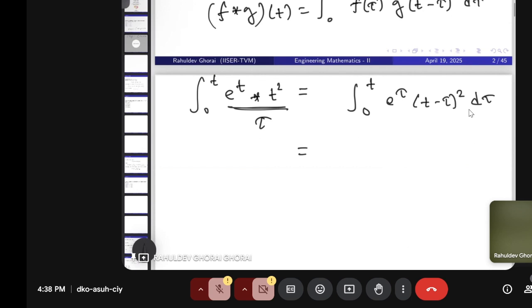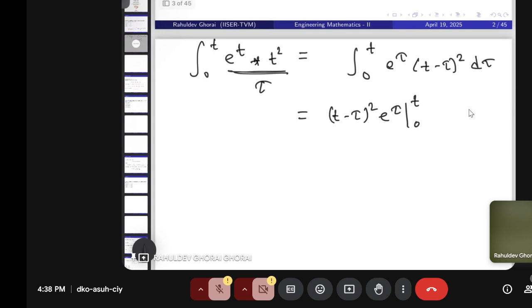Now if you do integration by parts, it will be (t minus tau) whole square e to the power tau from 0 to t, right, minus the integral from 0 to t of 2 times (t minus tau) e to the power tau.